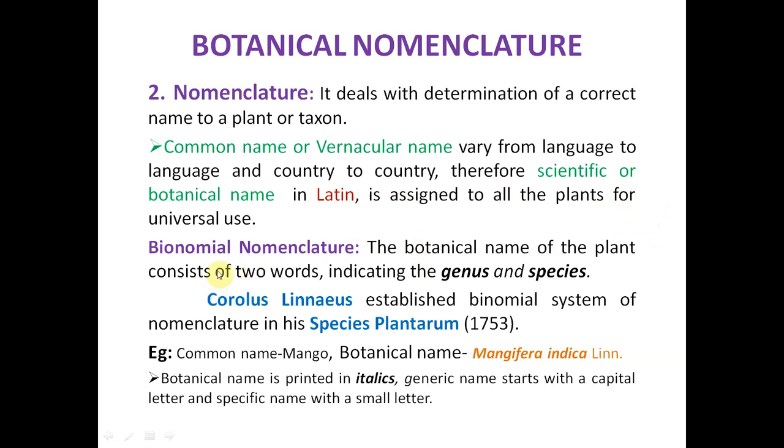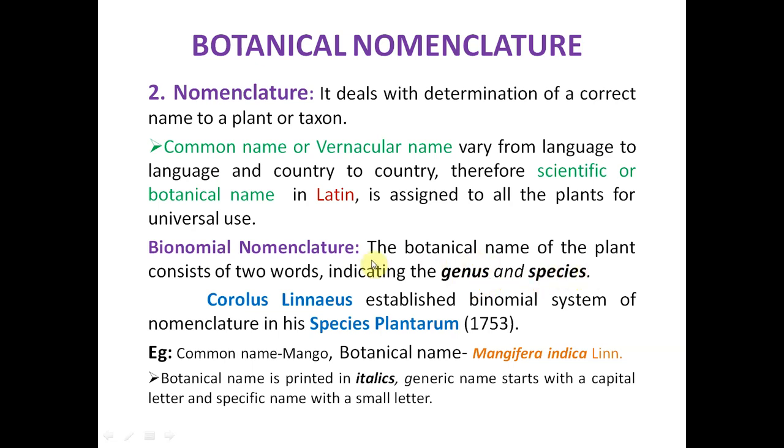While naming the plant in Latin, we have to follow certain rules. The first one is binomial nomenclature. What is binomial nomenclature? There are two names for each plant. The first part is called the genus name, the second part is called the species name.